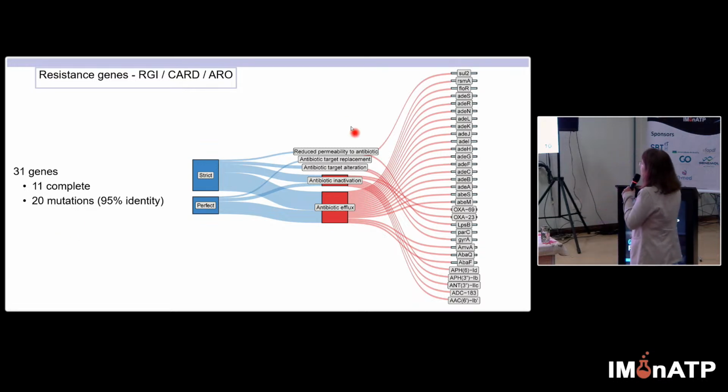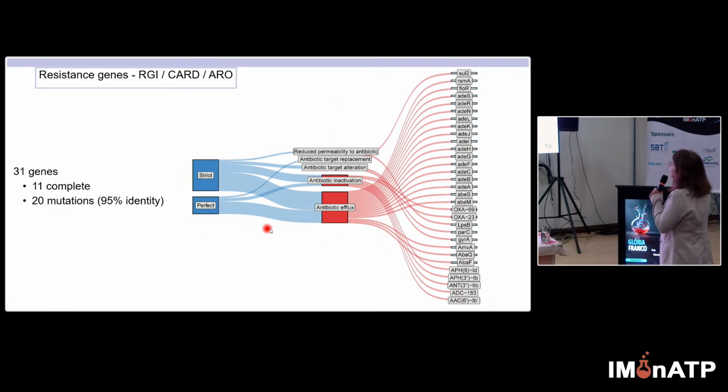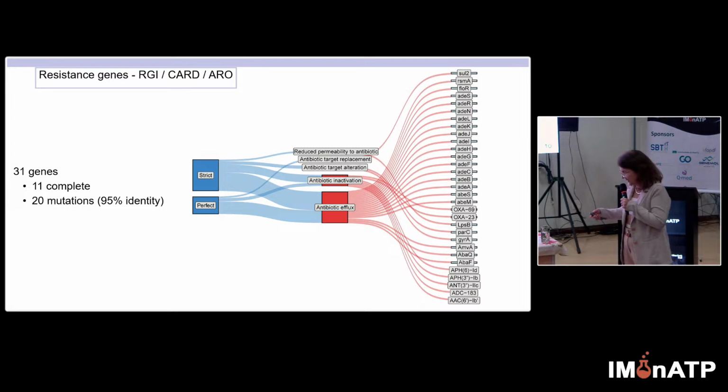Then we see the kinds of processes that could be involved in resistance for the perfect ones and the strict ones that are 95% similar. We localized different efflux pumps for antibiotics, and also others for replacement, reduced permeability, alteration of the target, and inactivation of the antibiotic.